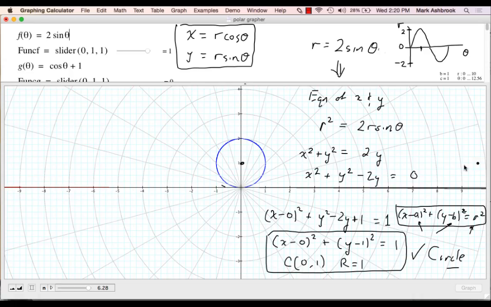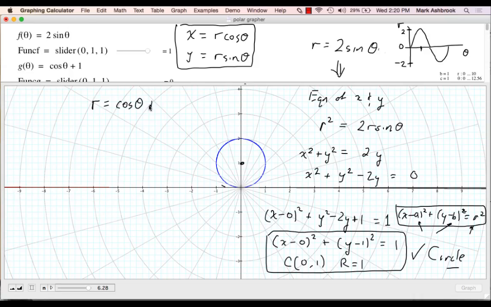Anyway, so we want to do r equals cosine theta plus 1. So we want to sketch r equals cosine theta plus 1. You've got some blank axes there to use. So the function r equals cosine theta plus 1.